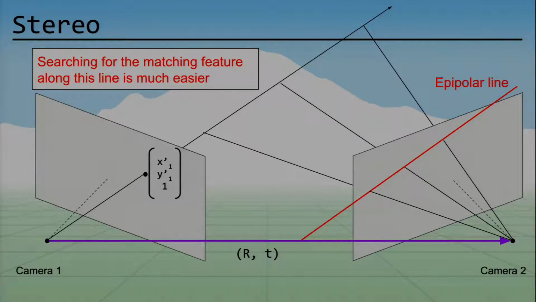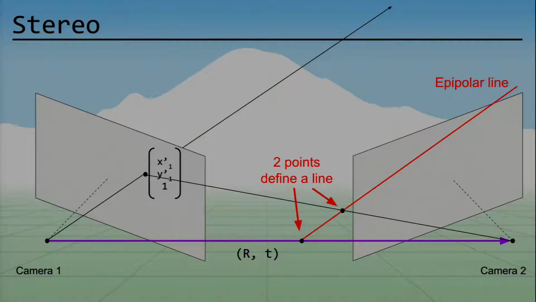Yes, good. He said the origin here and also the pixel it corresponds to. That is exactly correct. Both of these points must lie on this line. If we project both of them onto this image plane, now we have two points, and recall that two points define a line. So we can use these two points to figure out the equation for this line.